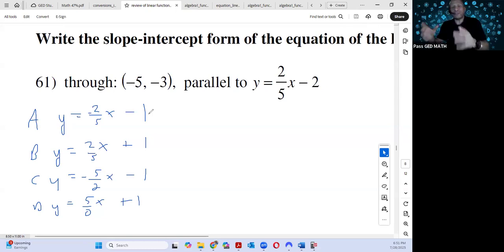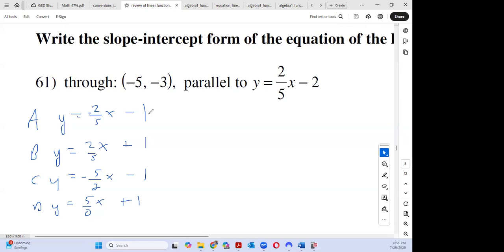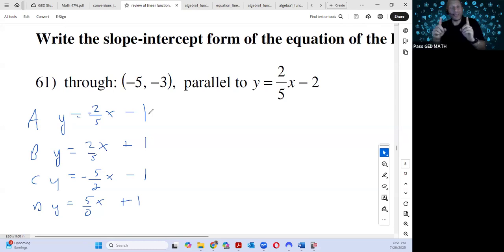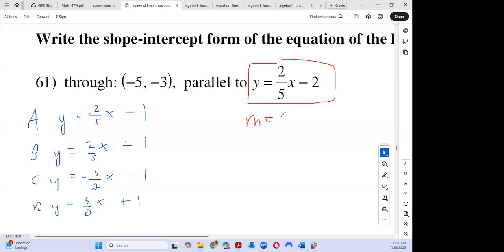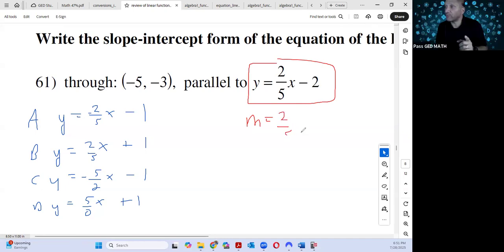Now, you might be saying, why would you ask me to do this in 5 seconds? Because what you have to understand is that when I give you this equation, what's my slope? 2/5. What's my y-intercept?